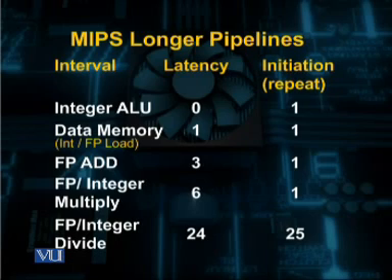Here, the latency is equal to 6 and the initiation interval is equal to 1. Whereas for the floating point or integer divide instruction, the latency is 24 and the initiation interval is 25.